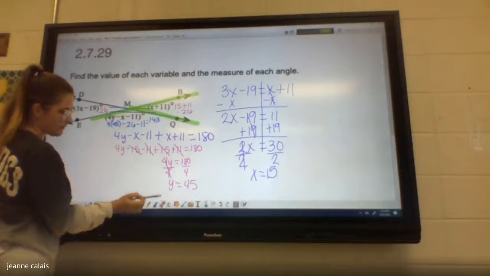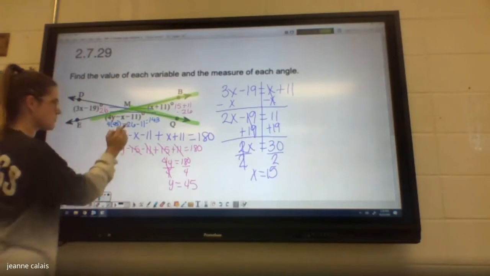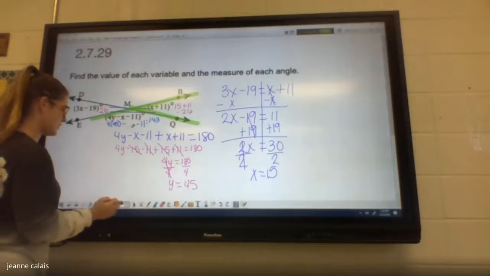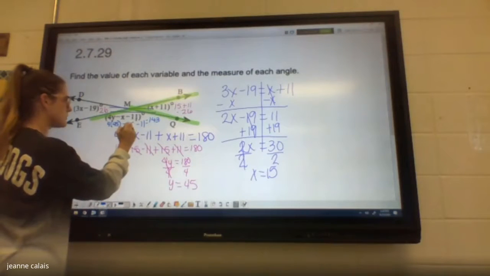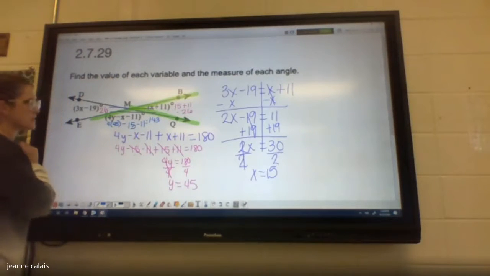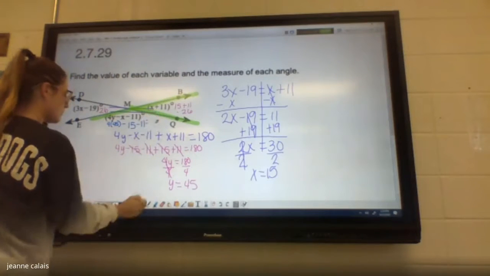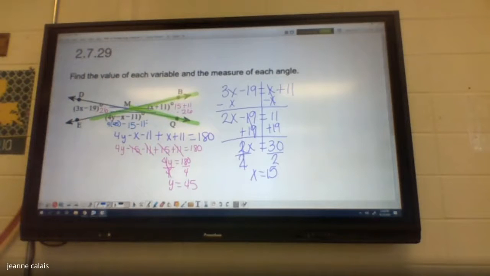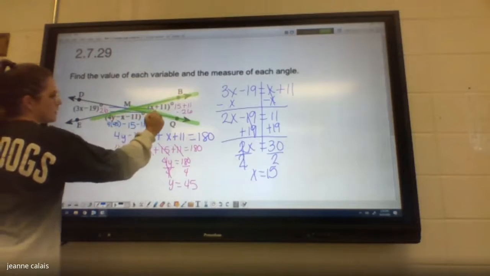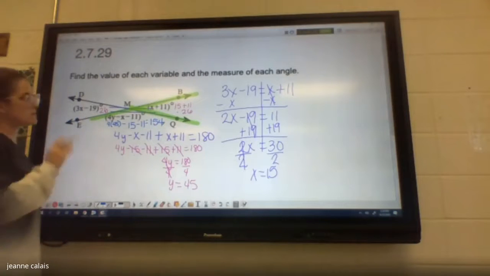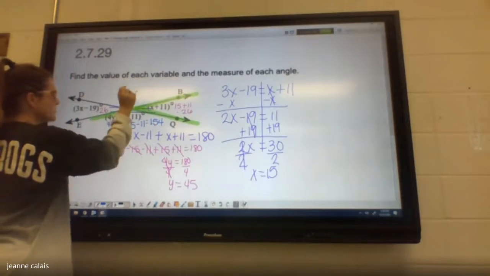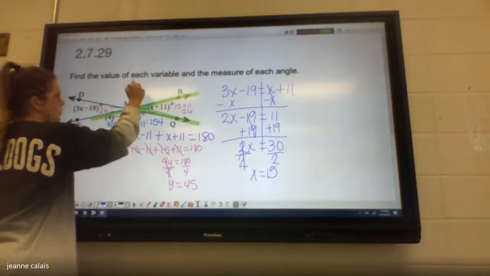Don't make my mistakes. It's fine. Nobody's perfect. All right. So this is 15. Should have gone in that place. Okay. So now, let me see. All right, 154. Okay, sorry about that, guys. These two are vertical, so this is also 154.